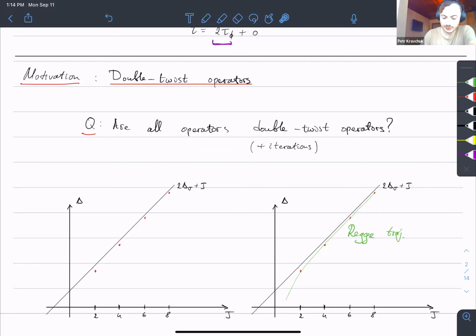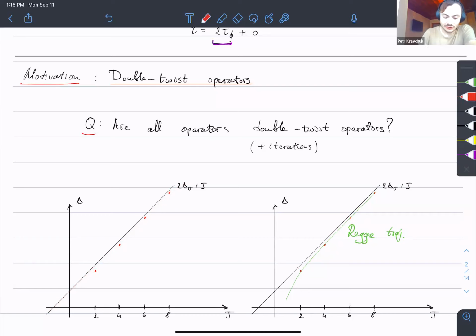Say if you have a part of the spectrum which looks sort of like this, this is what happens more or less in the 3D Ising model: if you make a plot of the lowest dimension operator at every even spin, and then you compare this to twice delta sigma plus j, you'll see that there is a bunch of operators which live very closely to this line. And then you can be pretty confident to say that all of them are part of this family.